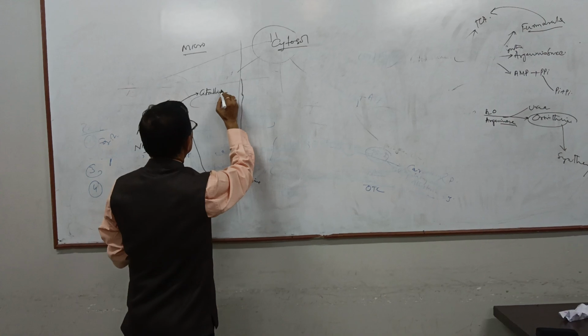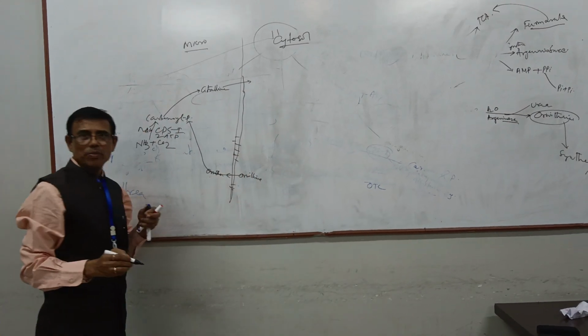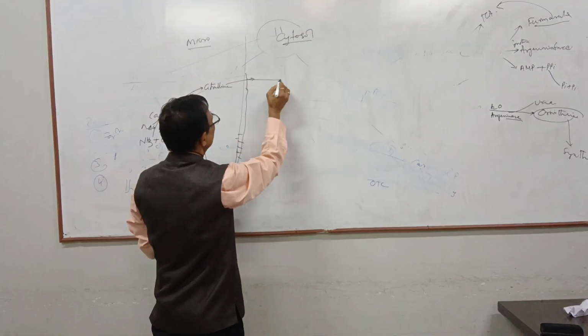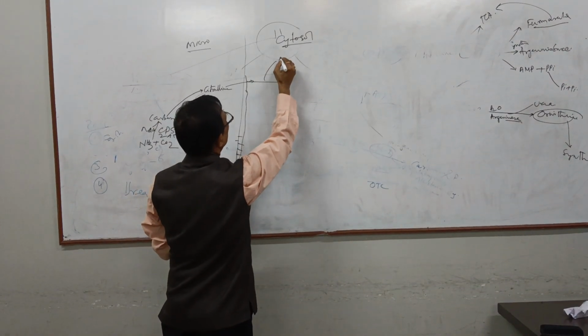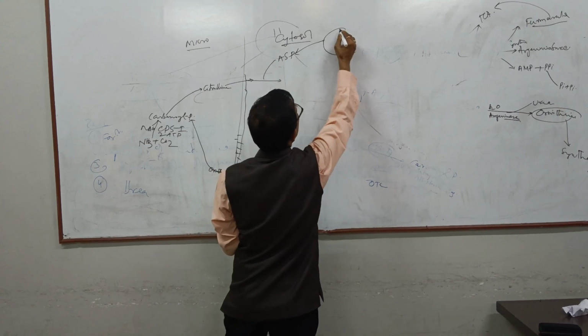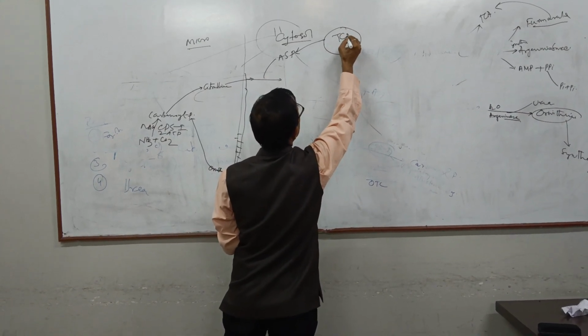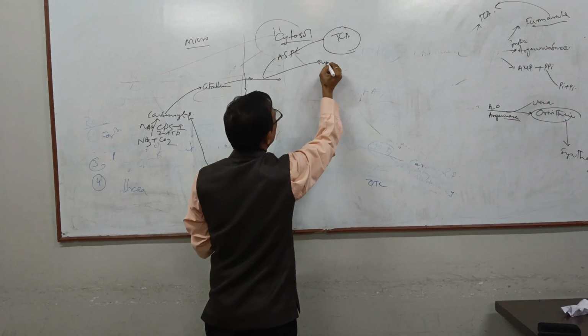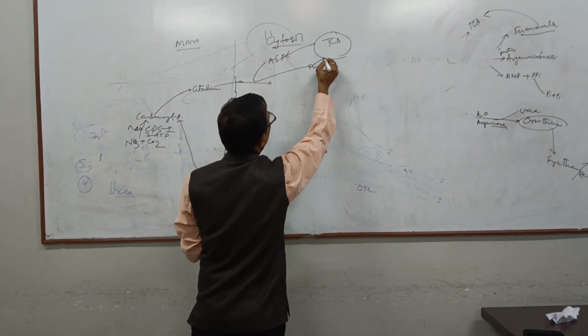Citrulline will cross this membrane to be transported. Then what will happen? Aspartate will come from the TCA cycle. Here the TCA cycle is there. Aspartate will then go back as fumarate. The fumarate enters and the cycle will go on.